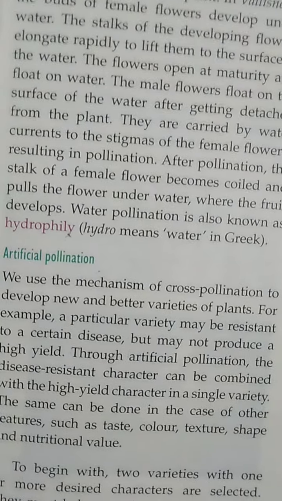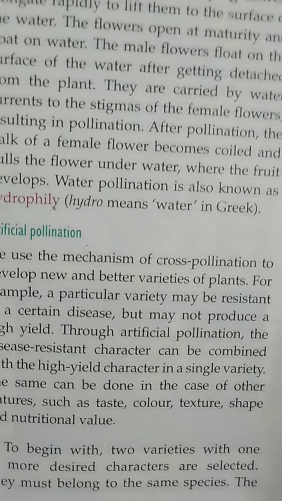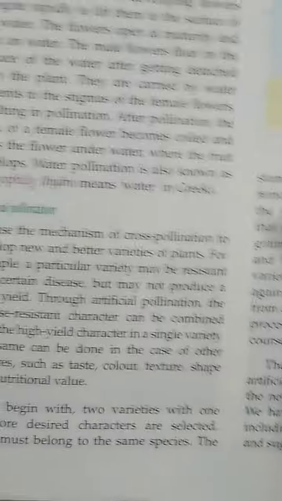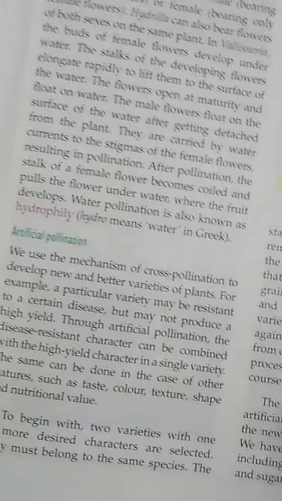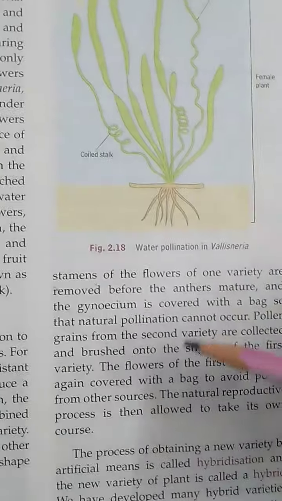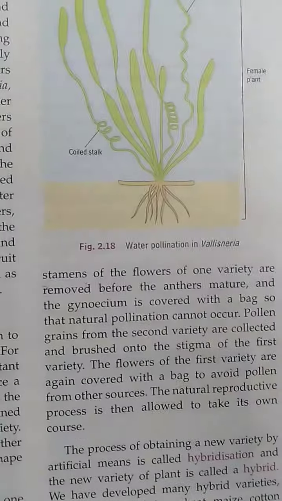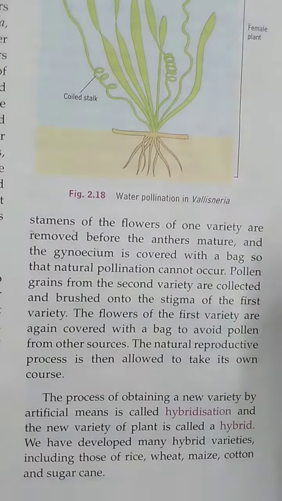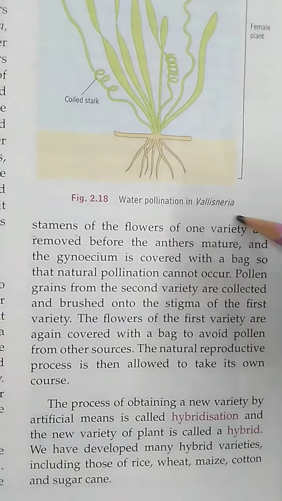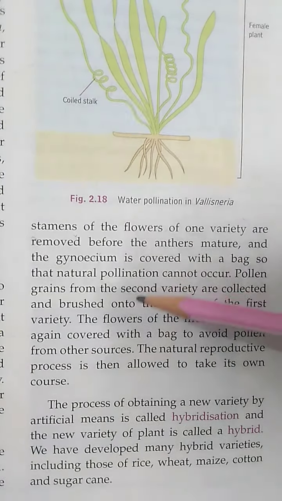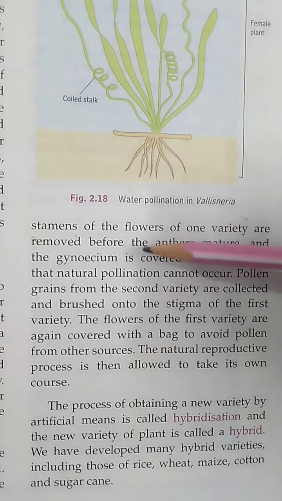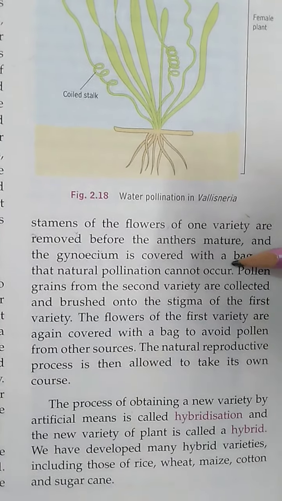In one plant, the stamens of the flowers of one variety are removed before the anther matures. Because if the anther matures, the pollen grains will naturally fall on the stigma. Here we have to remove the stamens of the flowers of one variety, and the gynoecium of that flower should be covered with a bag so that natural pollination cannot occur.